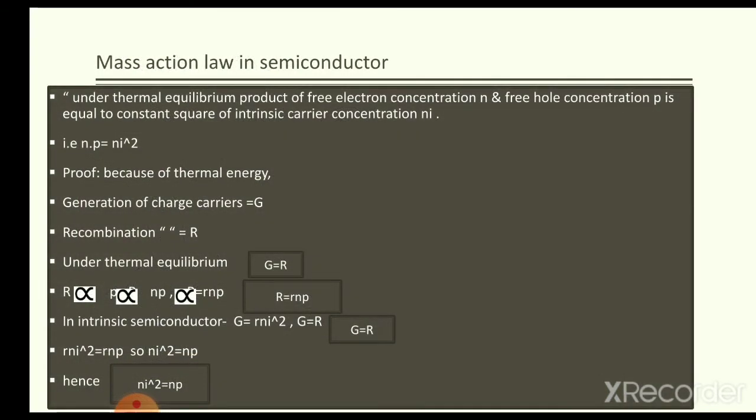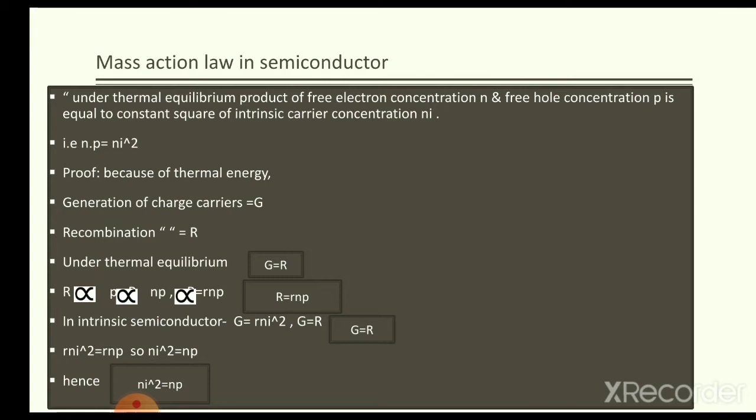Now coming to the mass action law. Mass action law in semiconductor. In semiconductor, law of mass action is the relation between concentration of free electrons and holes under thermal equilibrium. So in intrinsic semiconductor, if we add pentavalent impurity, which is n-type, the number of electrons in conduction band will increase, and the number of holes in valence band gets decreased.